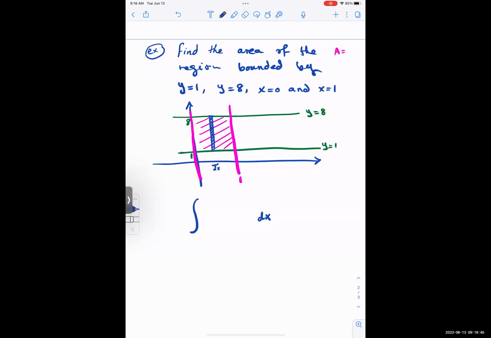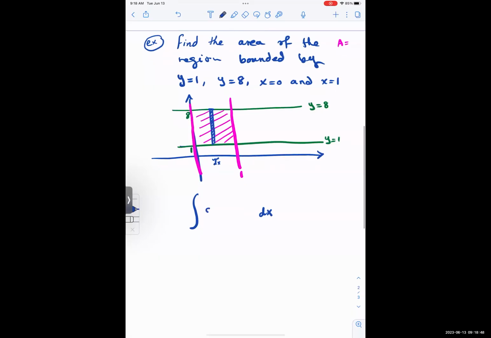Then I would say the top function, which is 8, minus the bottom function, which is 1. So the top function, y of the top one minus y of the bottom one. In this case, f of x is just 8, and g of x is just 1.